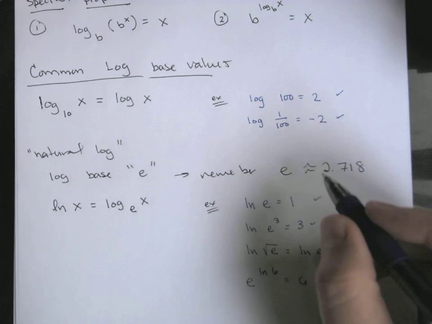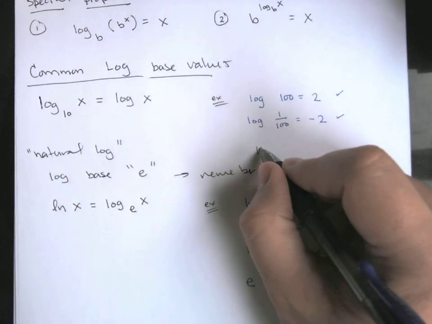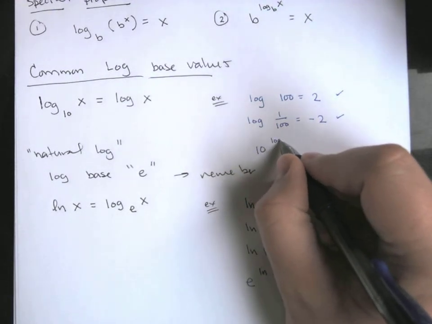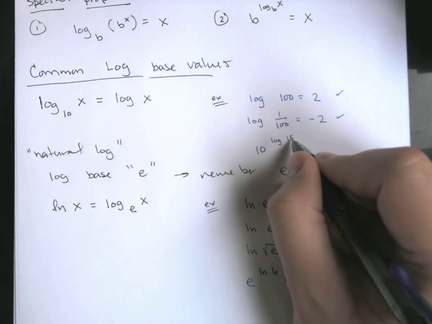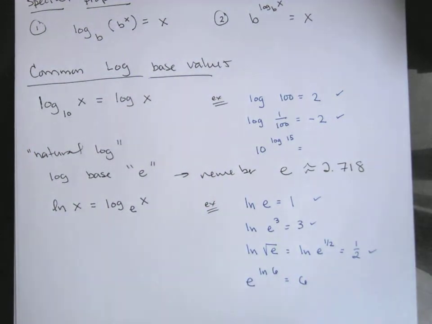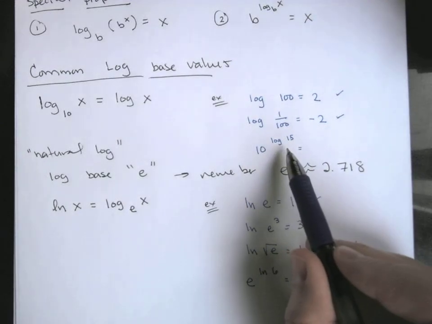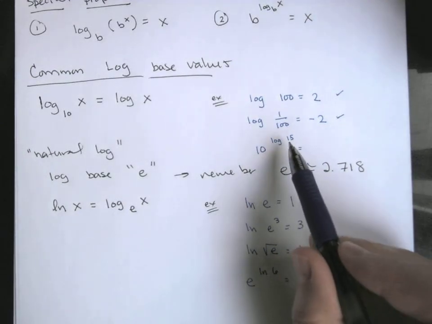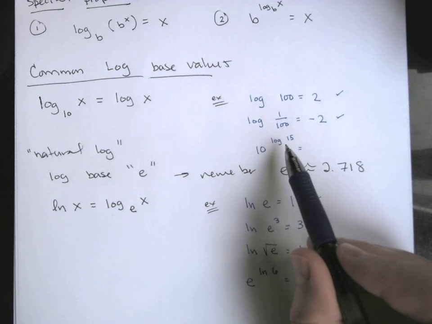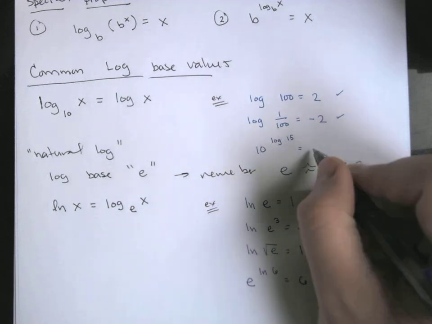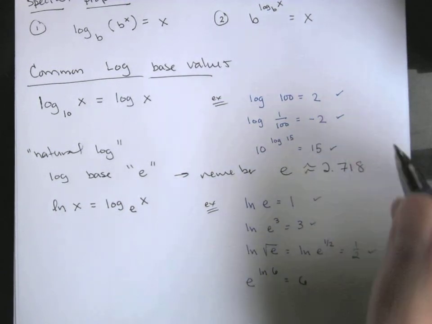In theory, we could do a similar thing here if I did something like 10 raised to the log of 15, right? So writing the log with no base value, the base value is implied to be 10, so 10 to whatever it is that you would put on a 10 to get to 15. We're kind of ignoring and stepping over what this actual number would be.